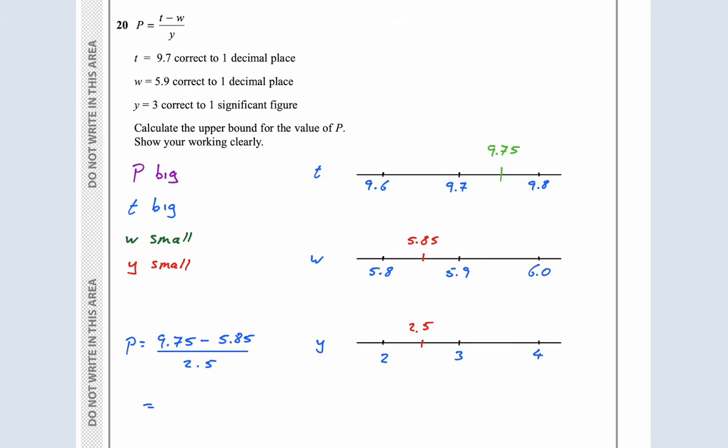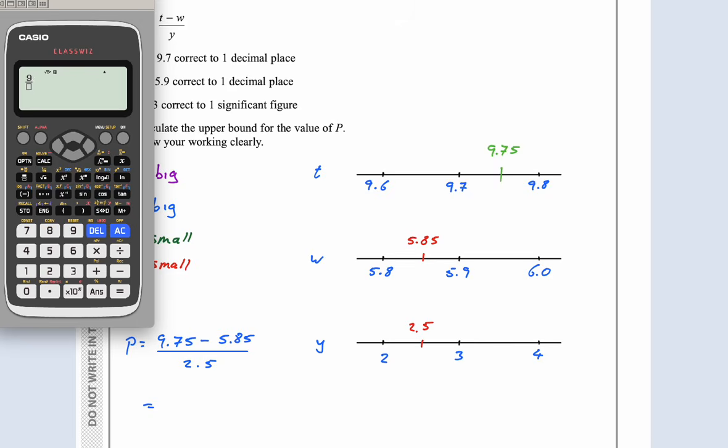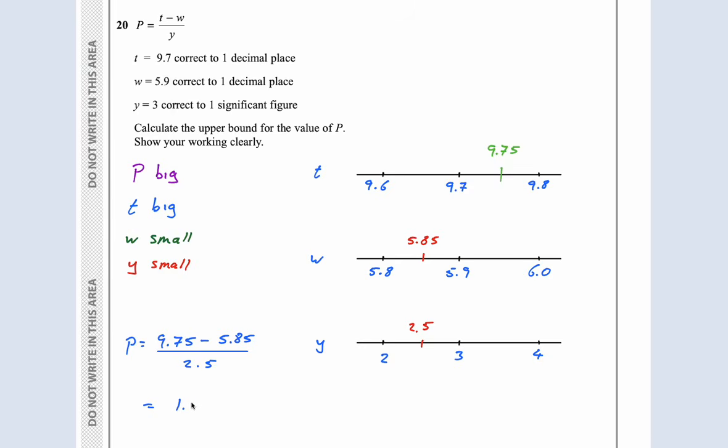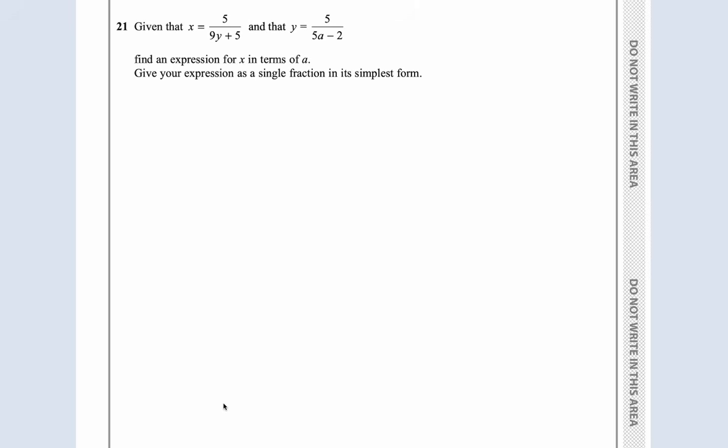Put all this into your calculator and we get 9.75 minus 5.85 divided by 2.5, and it's 39 over 25, or 1.56. So this is equal to 1.56.